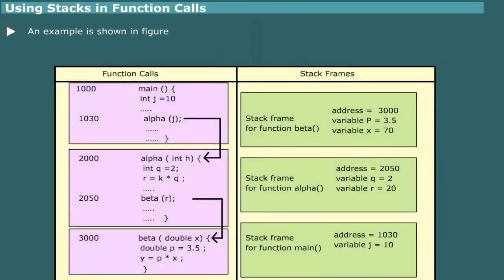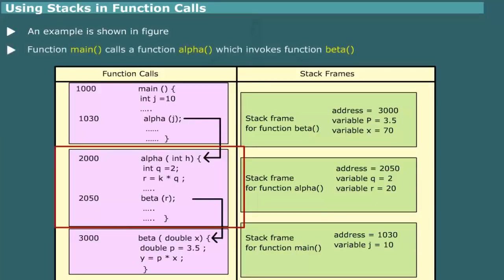An example of function calls and the working of a stack frame is shown in the figure. The function main calls a function alpha. The function alpha in turn invokes function beta. After beta has executed, the control is transferred back to alpha.